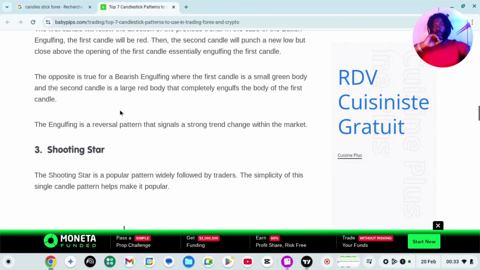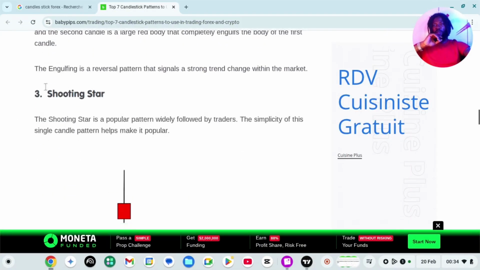Okay, the opposite is true for a bearish engulfing, where the first candle is a small green body and the second candle is a large red body that completely engulfs the body of the first candle. Okay, the engulfing is a reversal pattern that signals a strong trend change within the market. Bam, that's it.